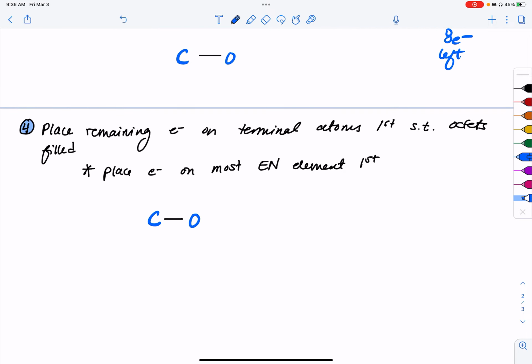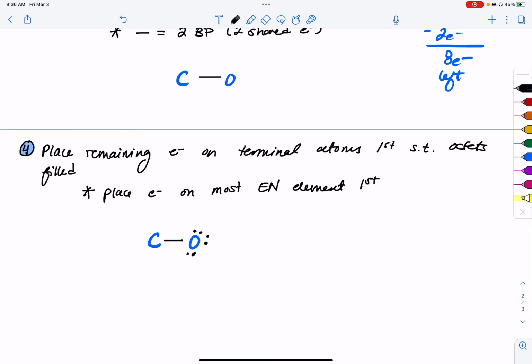And remember, we have 8 left in our budget. So I've already got 2 on the oxygen. If I were to look just at this oxygen atom, it's got 2 valence electrons due to forming a single bond to carbon already, meaning in order to achieve octet, I have to add 6 electrons. So let's do that. 1, 2, 3, 4, 5, 6.